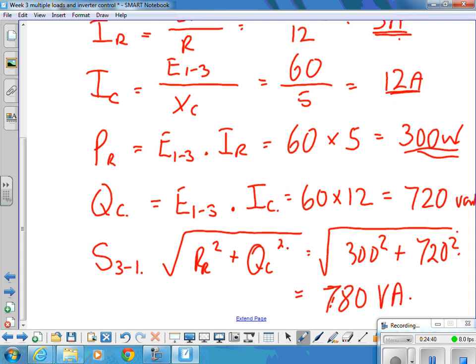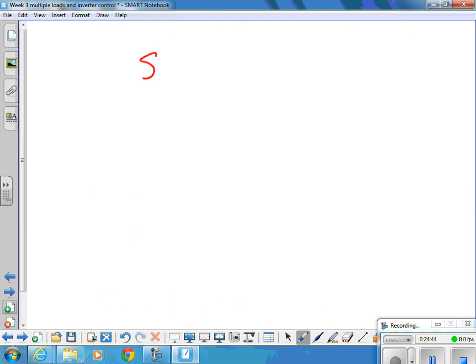So, new page. We've got S is 780 VA. If we think of that circuit just as it is, we've got a resistance, remind me what that R is. 12 ohms, won't it?